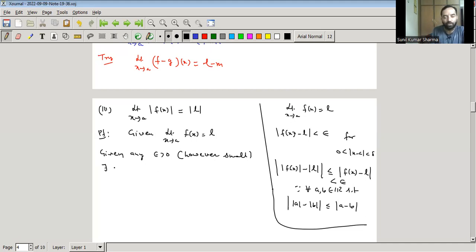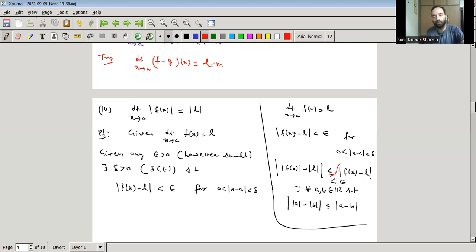So corresponding to that epsilon, you find delta. There is this delta greater than 0. This delta depends upon epsilon such that mod f(x) minus L, we take this to be less than epsilon for 0 less than mod x minus a less than delta. ये कहाँ से पता लगा? ये यहाँ से हमने फाइंड आउट किया कि mod f(x) minus L हमें क्या लेना है. So we have to take mod f(x) minus L to be less than epsilon.